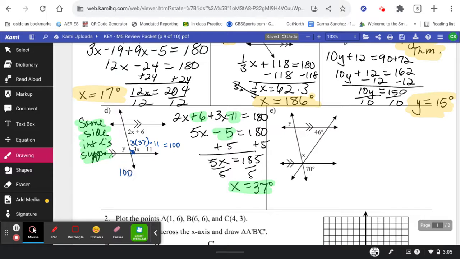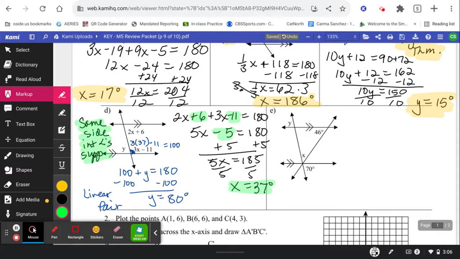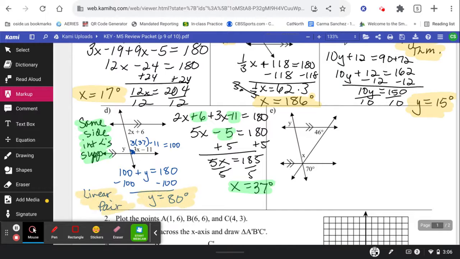So I'm going to say 100 plus y is equal to 180. So y is equal to 80. Reason for that, linear pair. So there were 2 answers in part D, both x and y.